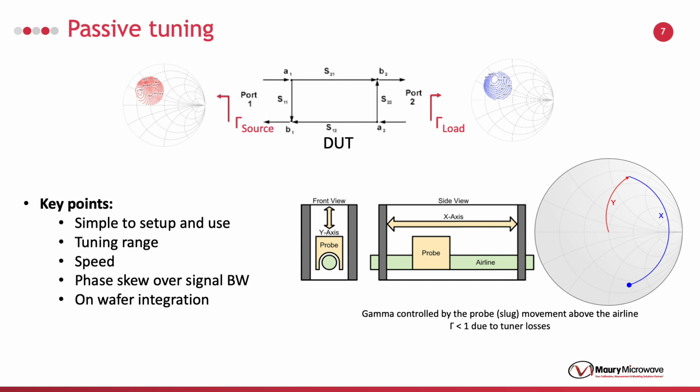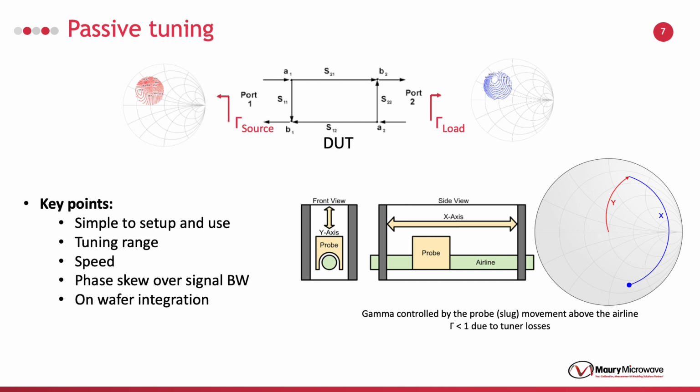Some key points to consider are: it's simple to set up, and easy to integrate in custom code. Gamma limitations: due to the distance between the tuner probe and the DUT, coupler, cables, etc., the gamma will be limited. This limitation becomes critical at high frequency. Speed: the tuning is based on mechanical motion.